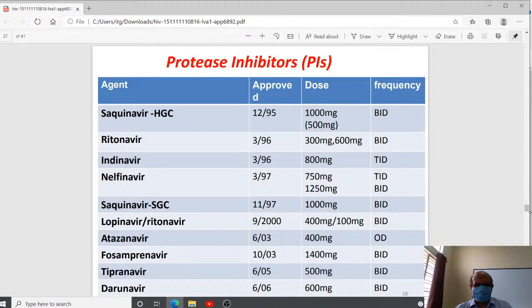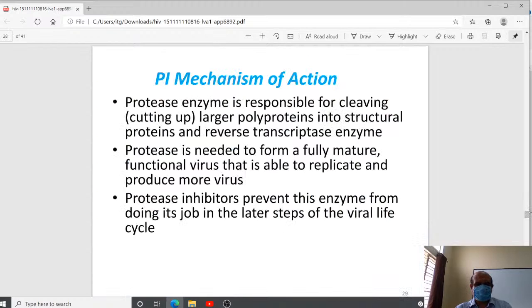So again, the list of protease inhibitors with their doses are listed here. The protease inhibitors' mechanism of action: the protease enzyme is responsible for cleaving large polyproteins into structural proteins and reverse transcriptase enzyme.